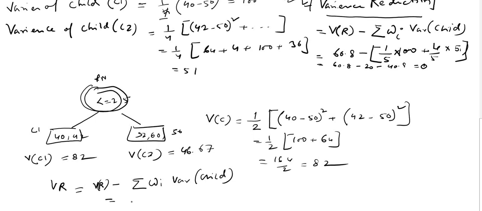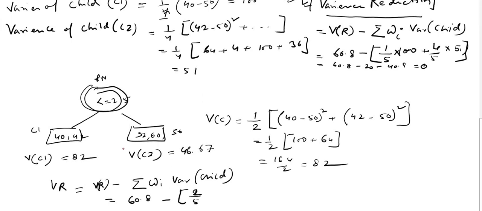So what ultimately will come? It will come 60.8 minus, again, this calculation, 2 by 5.